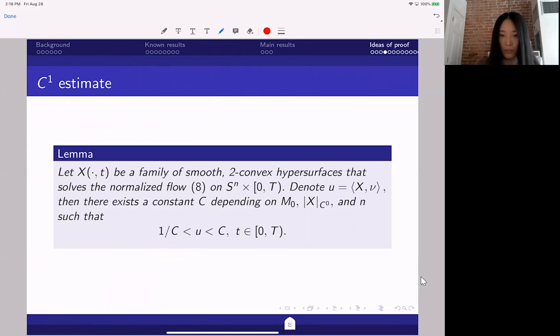The upper bound for this support function is obvious, because u is always less than or equal to the length of x, which is our r. In our first lemma, we already showed that r is bounded from above, so u is obviously bounded from above. What we need to do is show that u is bounded from below.